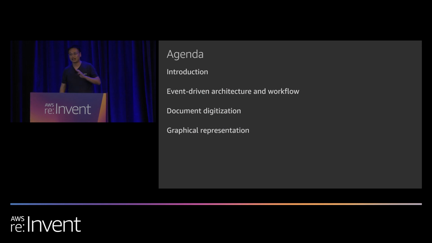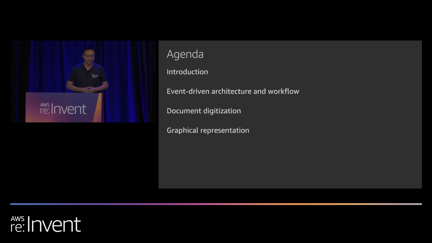So today we have four topics. First, I will introduce what the freight forwarder industry is, what Flexport is, and what we are doing. Second, I will talk about our architecture, what kind of challenges we are facing, and how we are going to use event-driven architecture and a workflow engine to solve the problem.